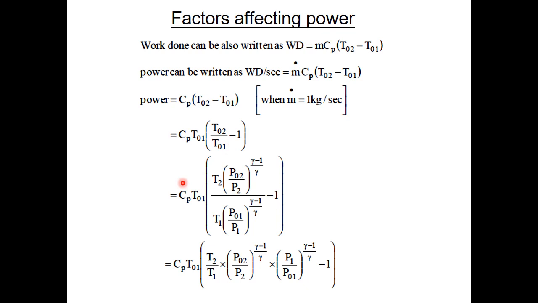So outside the bracket we will use Cp into T01 as such, and inside, instead of T02 we will substitute T2 into P02 by P2 raised to gamma minus 1 by gamma, and in the denominator, instead of T01 we will write T1 into P01 by P1 raised to gamma minus 1 by gamma, minus 1.